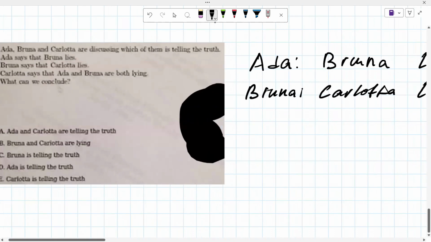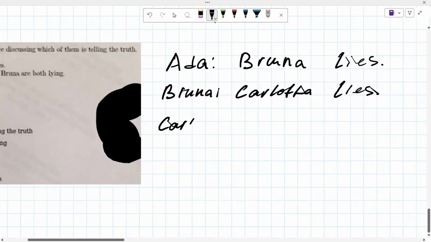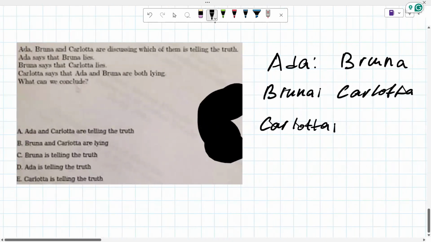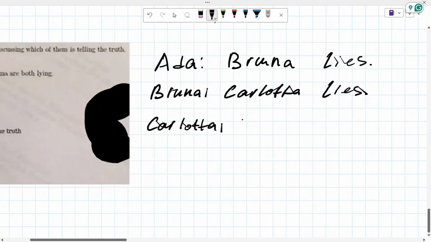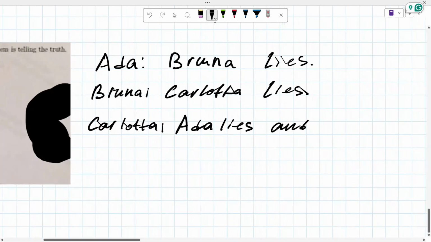Then Carlota says that Ada and Bruna are both lying. I'll rewrite this statement a little bit: Ada lies and Bruna lies. This is the same actually.